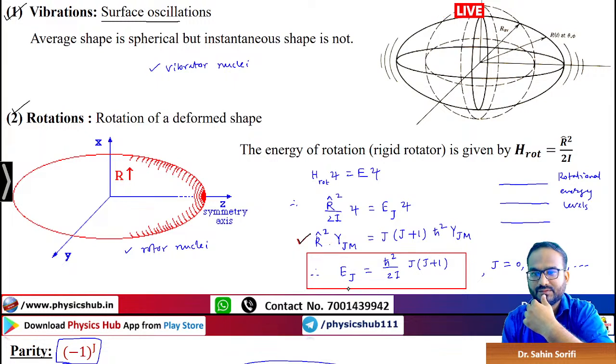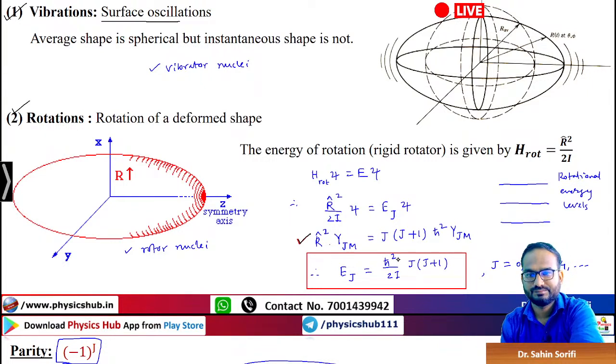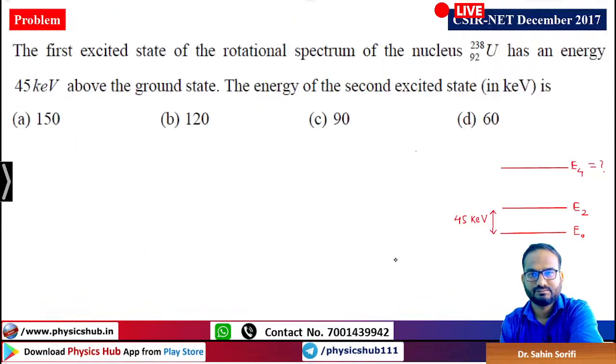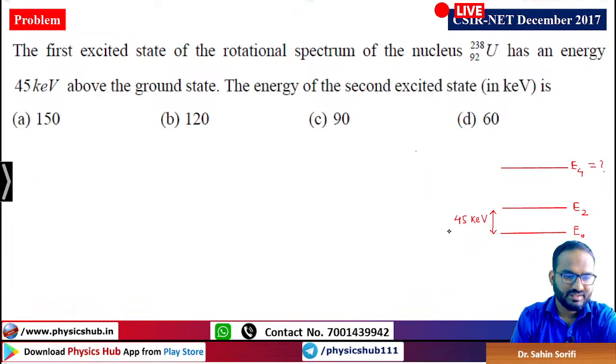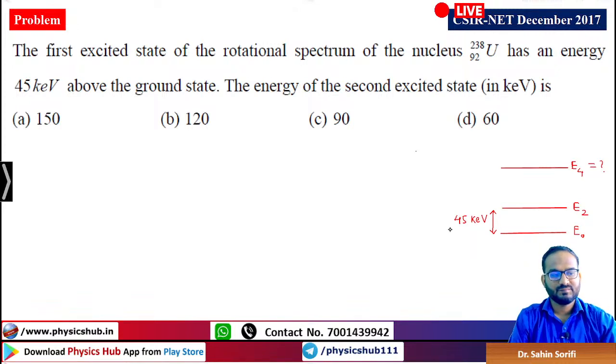Okay, so R square psi is like j into j plus 1 h cut square psi, and from that we get this relation. I hope this is clear now. You did not ask, but let me tell you. Option A you are getting? Yes, option A will be the answer.